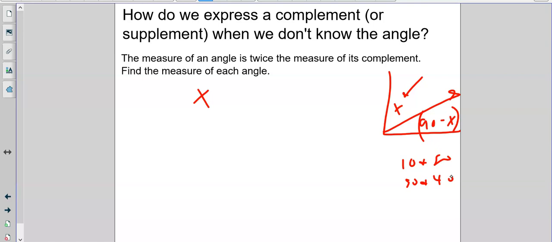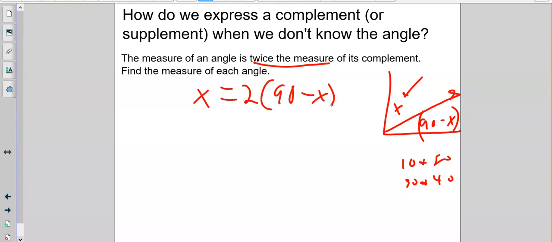So it says the measure of an angle is twice the measure of its complement. But we want to have one more stipulation, that the other angle is twice the measure of the complement. So this angle is equal to twice the measure of the complement, which we just talked about would be 90 minus whatever that is.